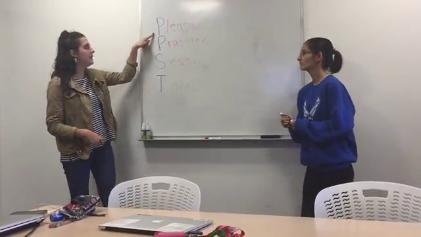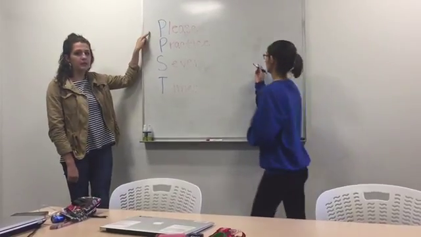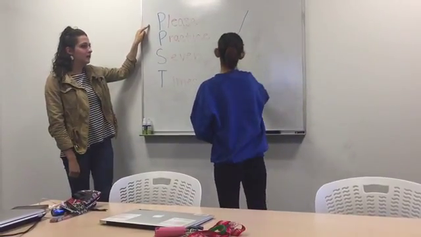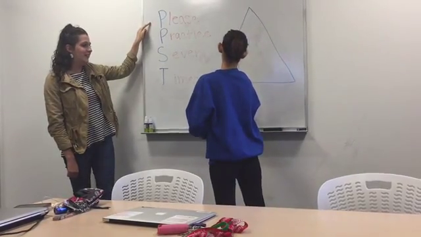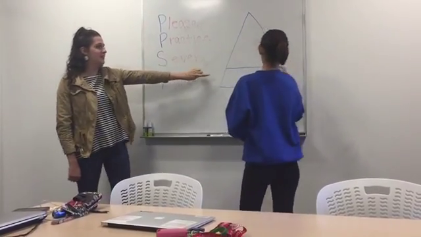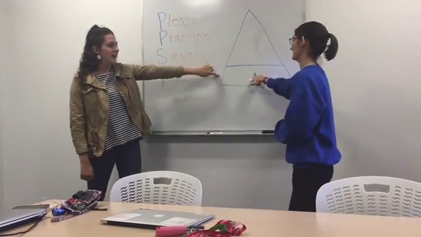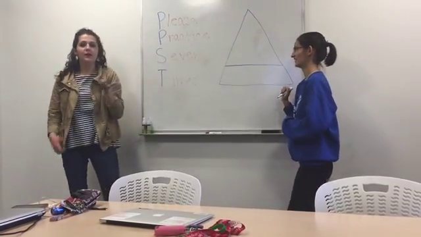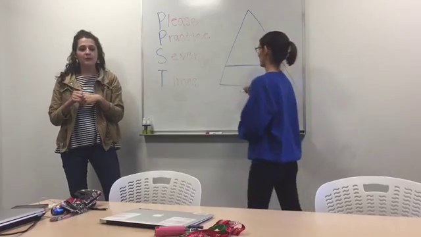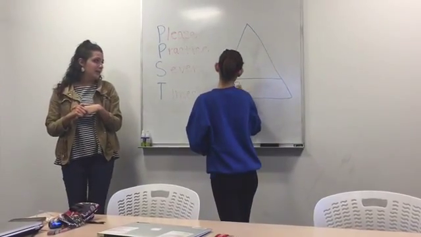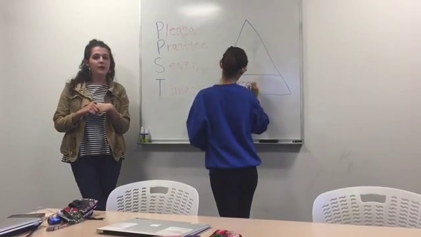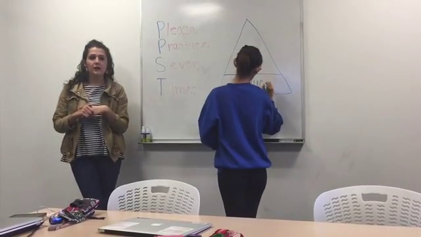The first P stands for producers, and on our energy pyramid that Miss Rolfes is drawing over here, it's our first level right here, and that's where the producers go. If we remember from yesterday, producers are plants that produce their own source of energy from the sun.